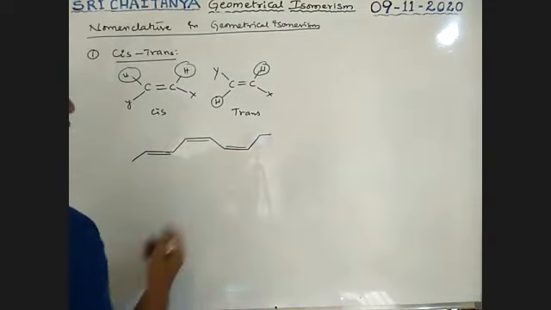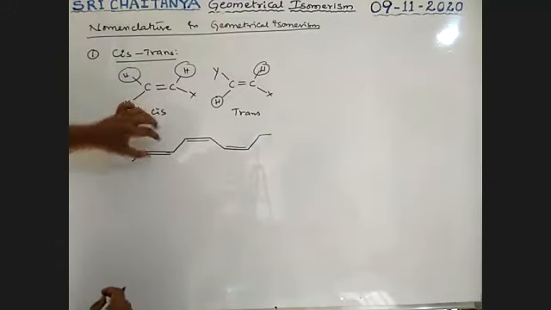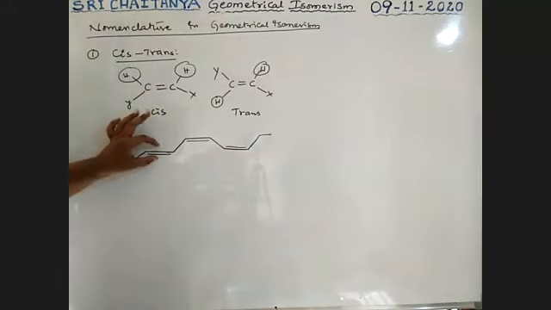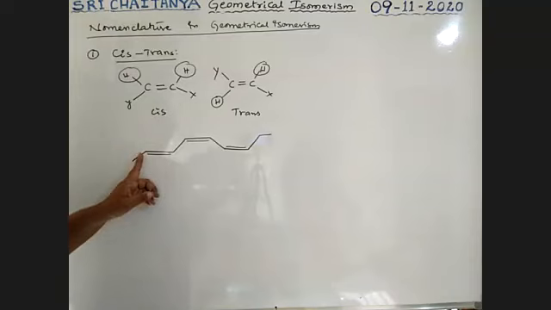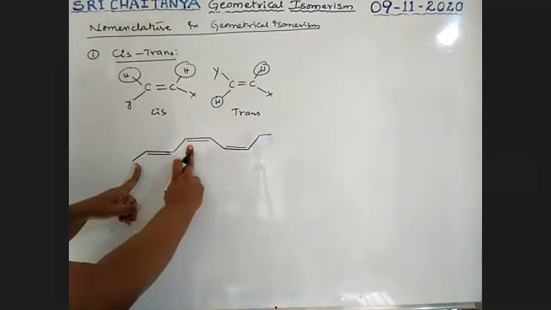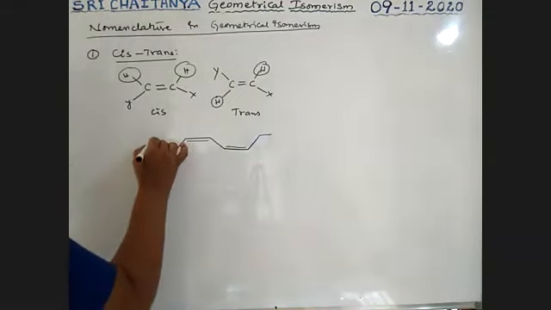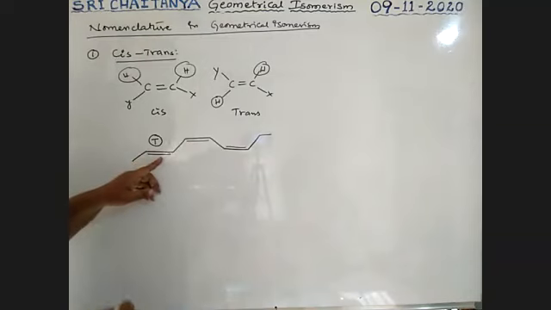Here is a double bond. See, boys, what about this? At this double bond, is it a cis system or a trans system? Observe. Two bulky groups are on opposite sides, and the two hydrogens are on opposite sides. So no doubt it is trans. At this C double bond C, the trans system is possible.